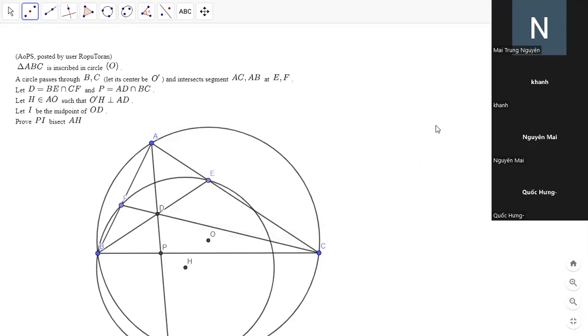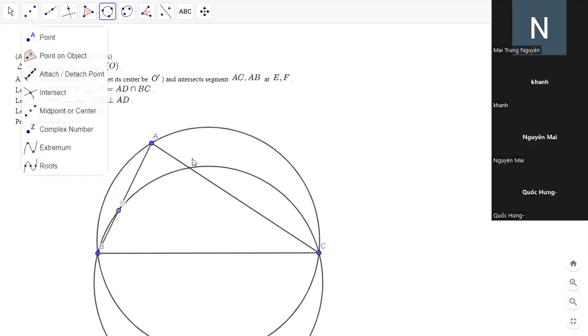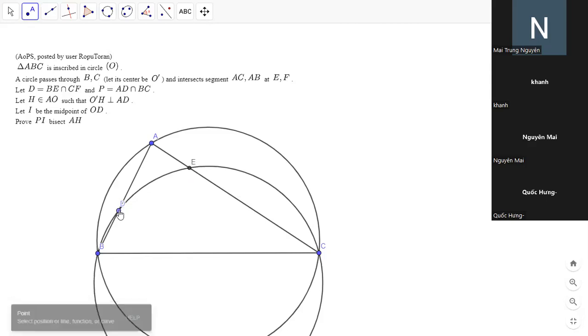Oh, you're right. Yeah, that's my bad. The small circle should pass through C. Glad you caught that. So this should be E, and this will be F.